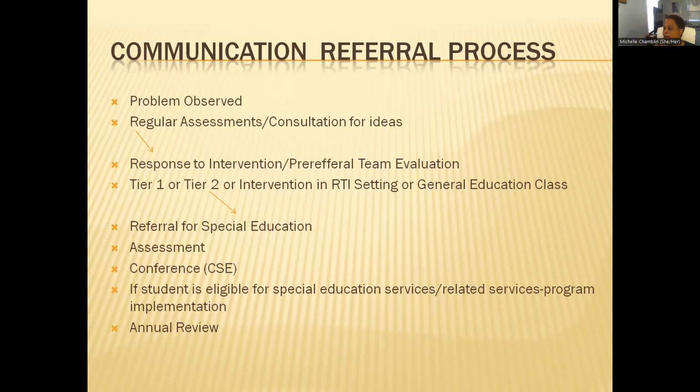It's not like if the student gets these scores, then these are the services that they automatically get. That's not how it works. It's a conversation. And when the general ed teacher talks about the assessments that were given and talks about the student and talks about what they've seen and what they've tried and what they've done, and the parents they've spoken to are at that meeting and they chime in, it changes the outcome.